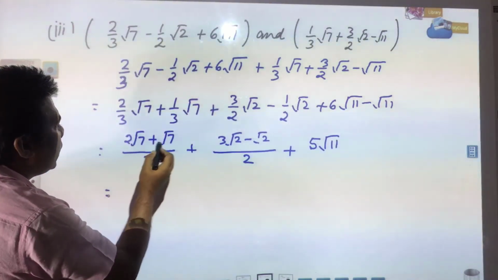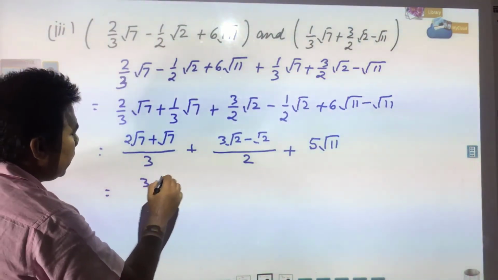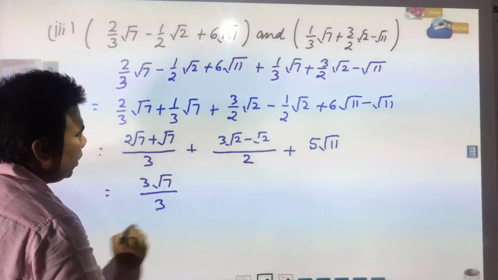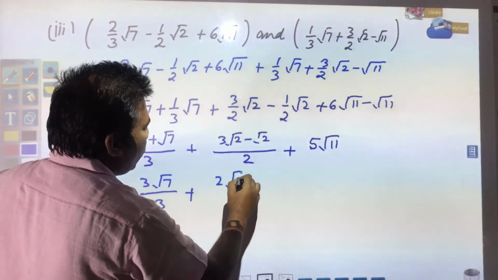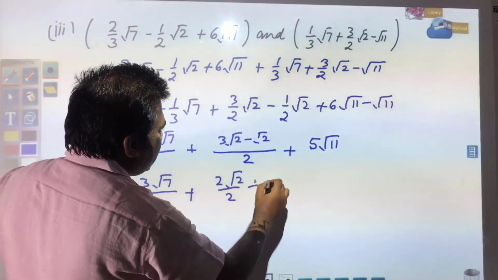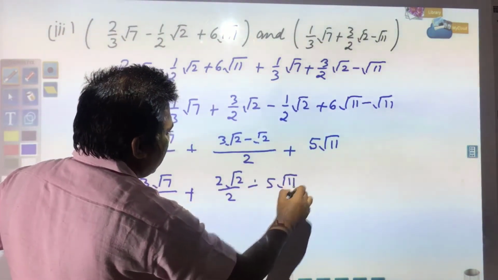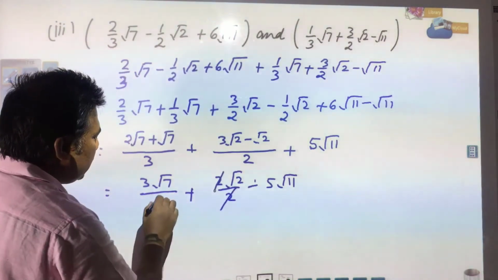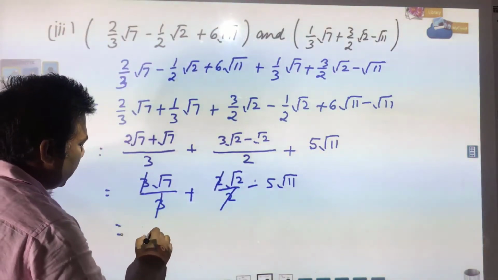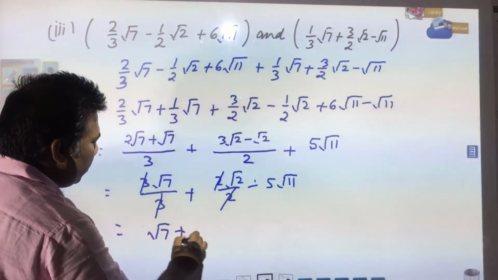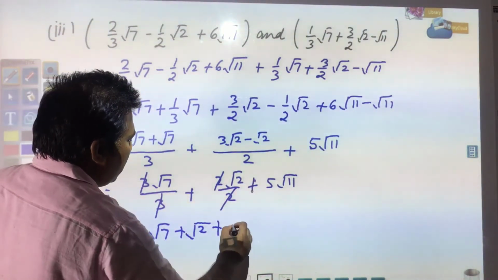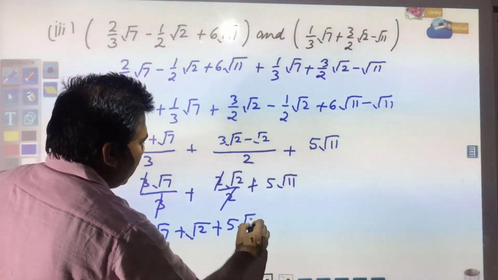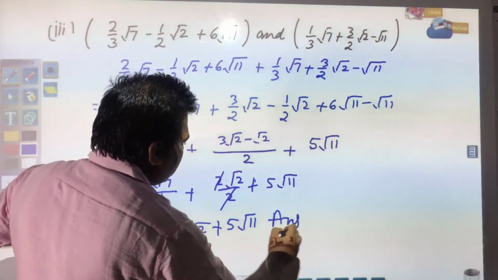Now, 2 root 7 plus root 7 will be 3 root 7 divided by 3, and this will be 3 root 2 minus root 2, means 2 root 2 by 2, plus 5 root 11. This will be cancelled, this will be cancelled, and you will be left with root 7 plus root 2 plus 5 root 11, and this will be your answer.